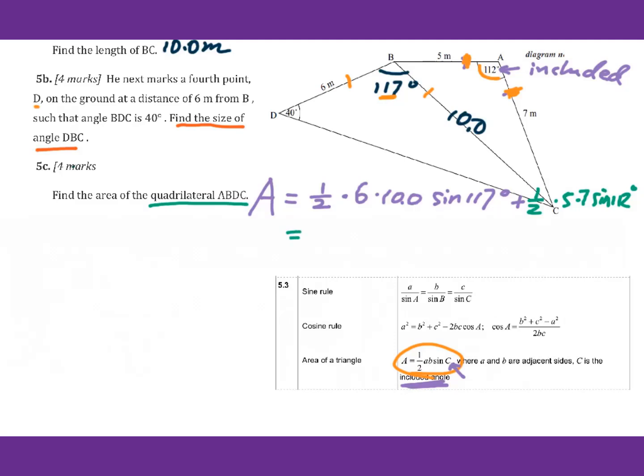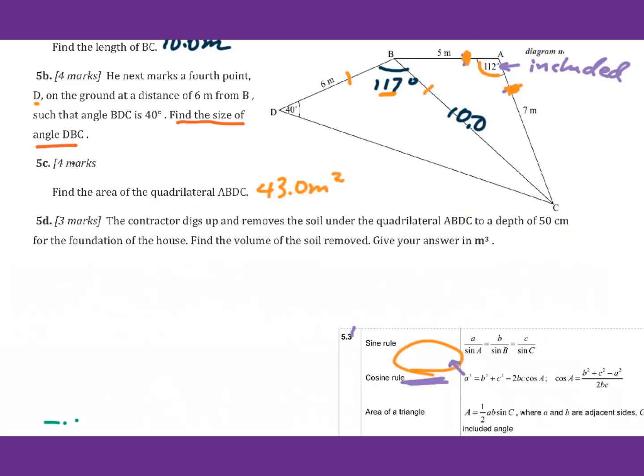Then we add these together to get the area of quadrilateral ABDC, 43.0 meters squared. Let's go to 5D.